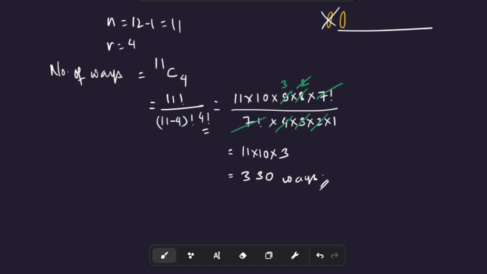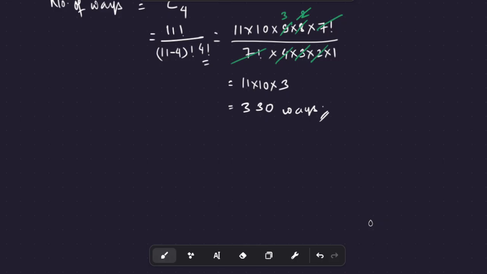Now the cancel part. Any difficulty on this? Like doing the cancel.